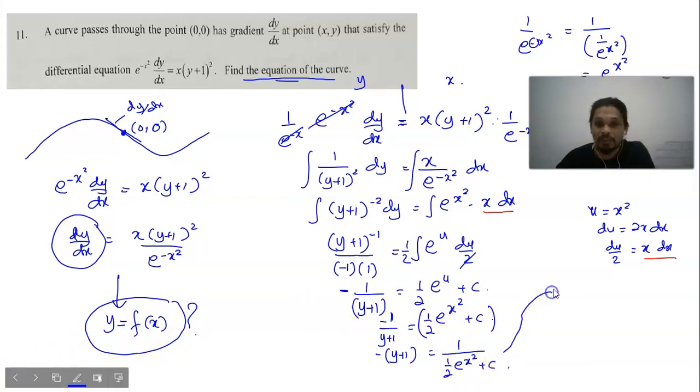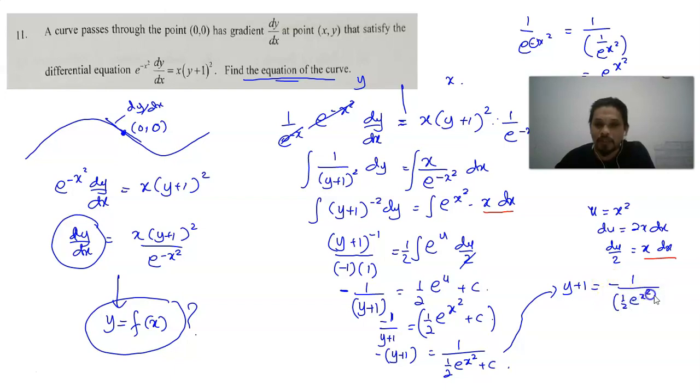I bring it to the side here and multiply with negative left and right. So y plus 1 equal to negative 1 divided by 1 over 2 e to the power of x squared plus c. Then y equal to negative, for this positive, bring on the side, become negative. So then, okay, negative 1 minus 1 over 2 e to the power of x squared plus c.